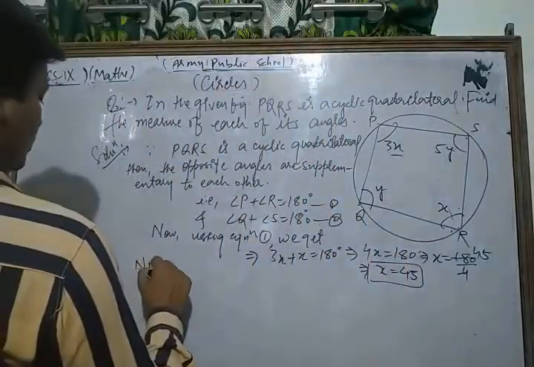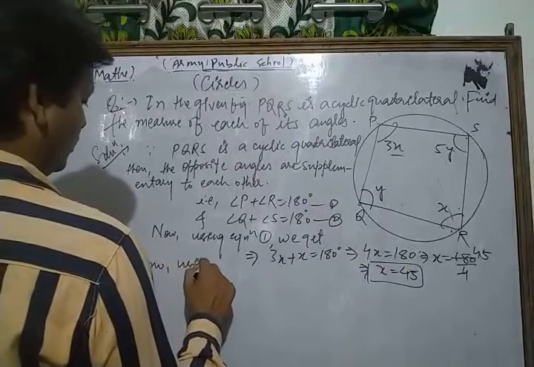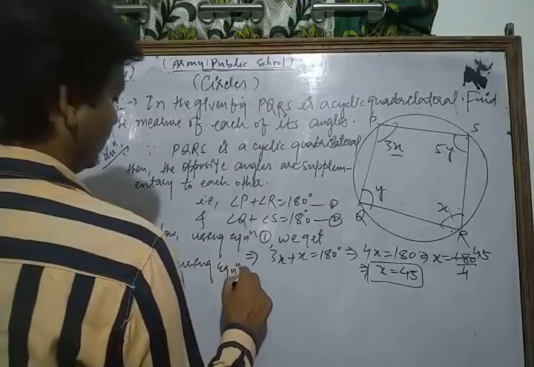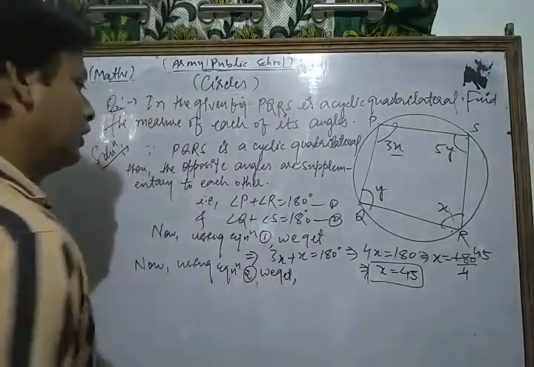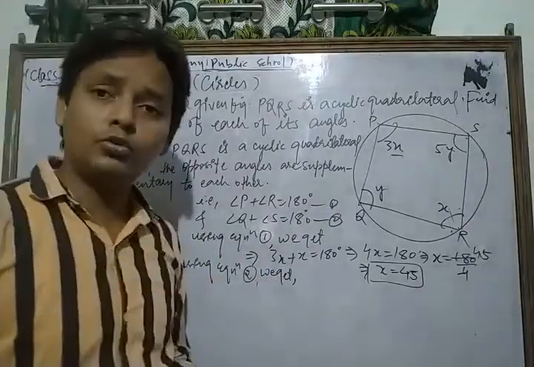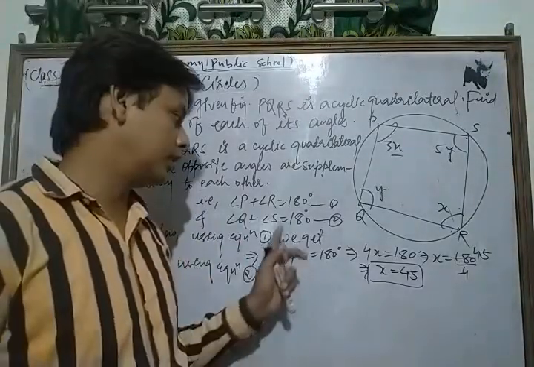Now using equation 2, we have angle Q plus angle S is equal to 180 degrees.